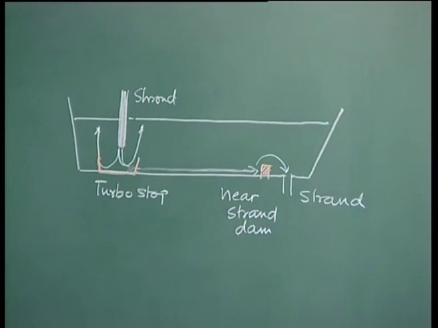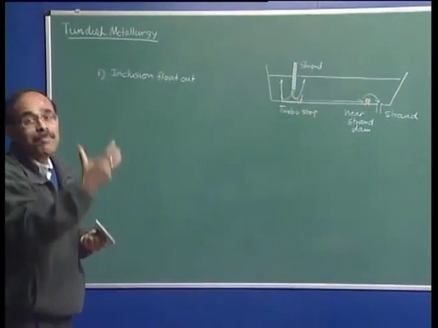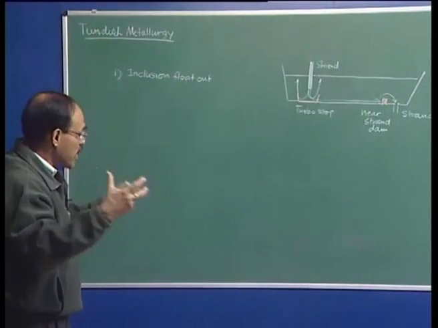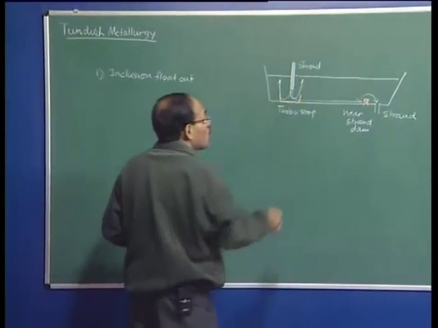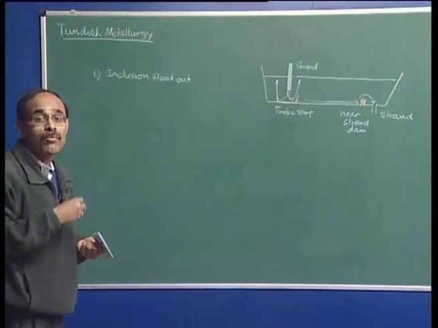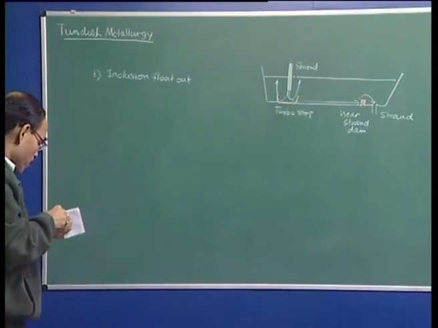So, there is some time that the molten steel is going to spend in the tundish, and in that particular time of stay or dwell time, if we can somehow eliminate more and more inclusions, that will be excellent as far as the composition of steel is concerned.